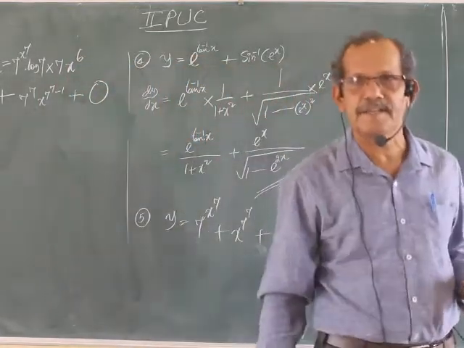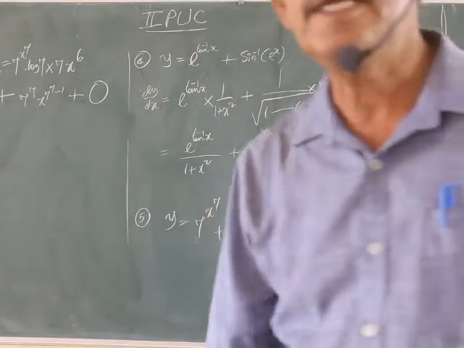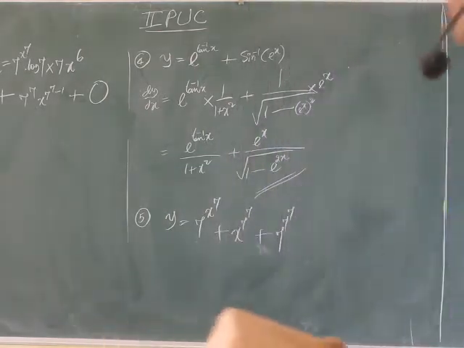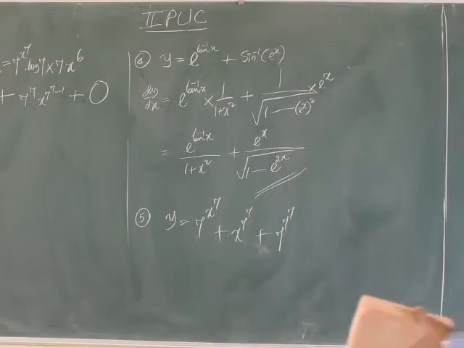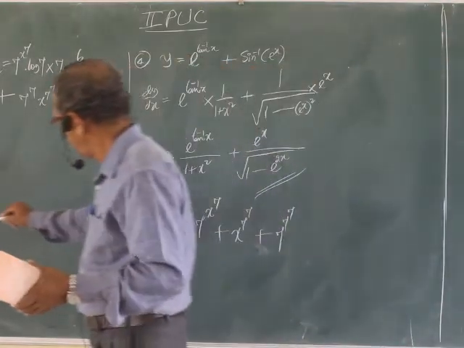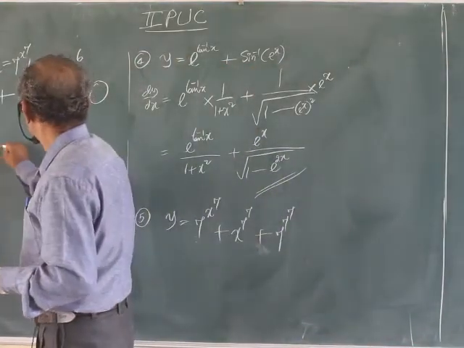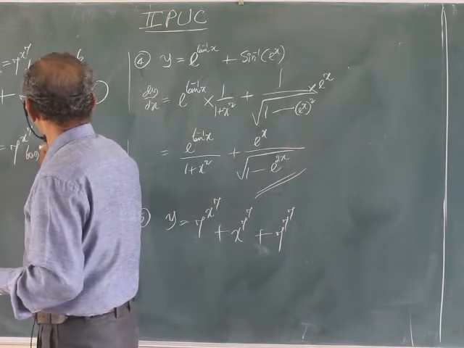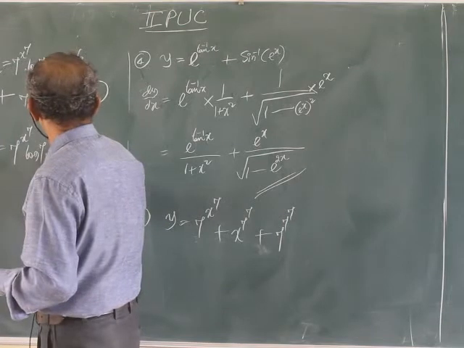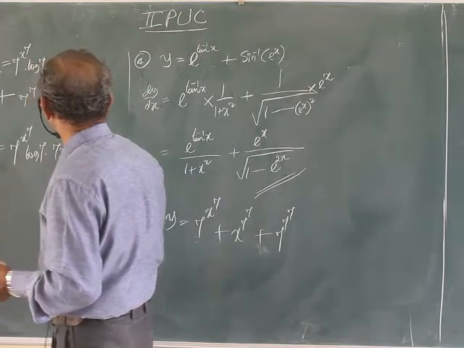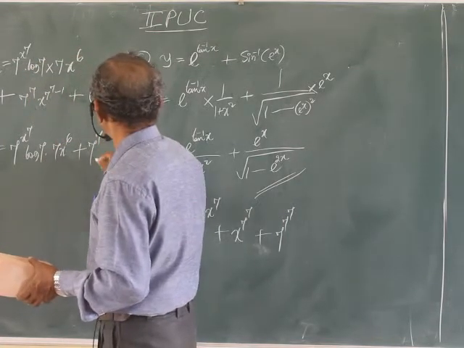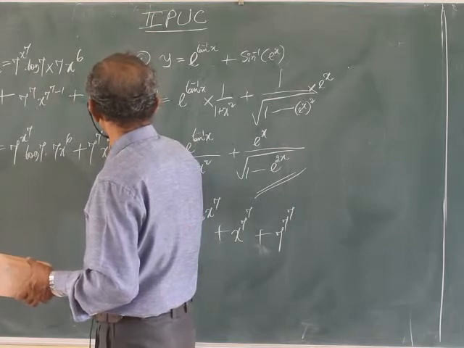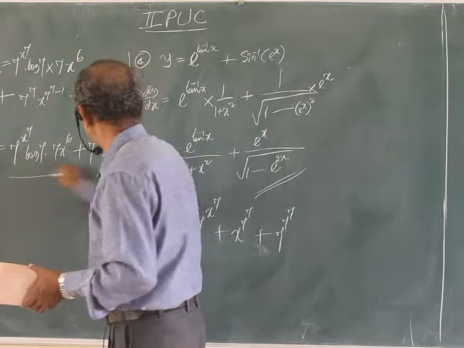It is a constant. Purely it is a constant, right? Derivative equal to 0. Therefore final answer is 7 to the power x to the power 7 log 7 7x to the power 6 plus 7 to the power 7 x to the power 7 to the power 7 minus 1.